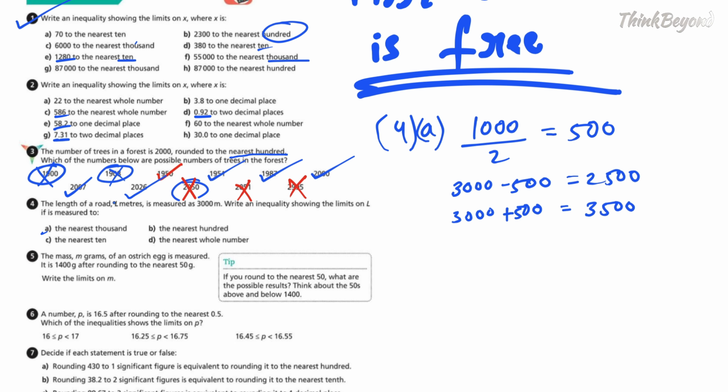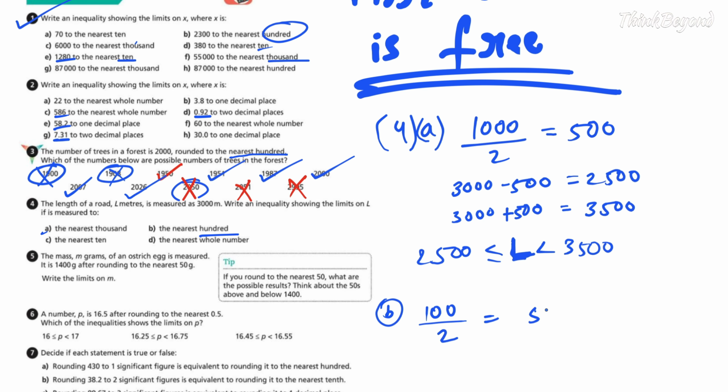So L, right? This one, which is 3000. So the inequality will become 2500 is less than or equal to L, which is less than 3500. This is L. So we are done with question A. Now for question B, it says nearest 100.